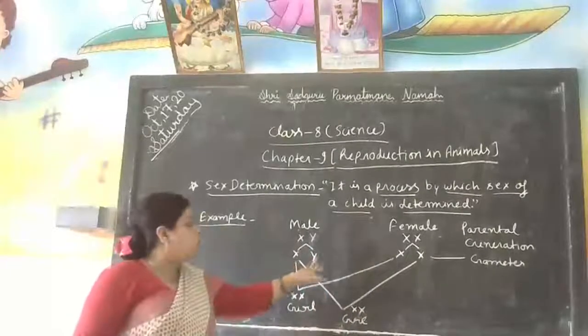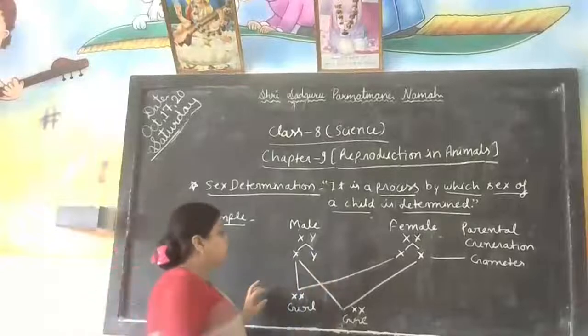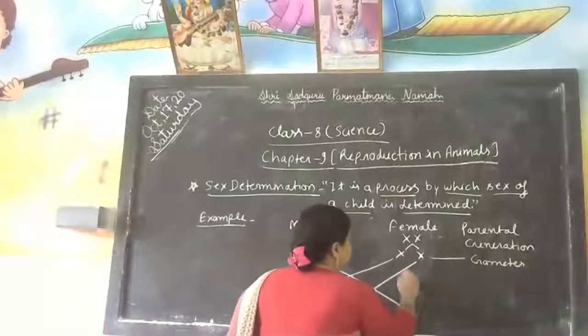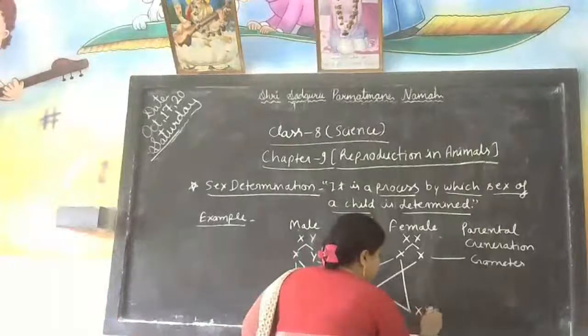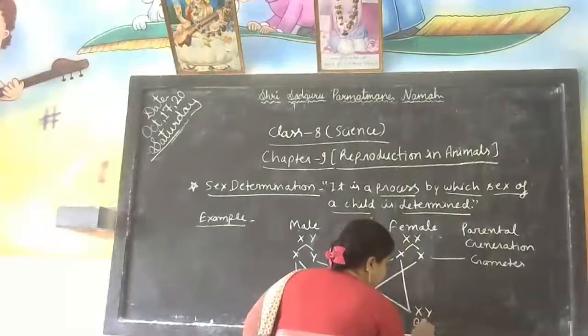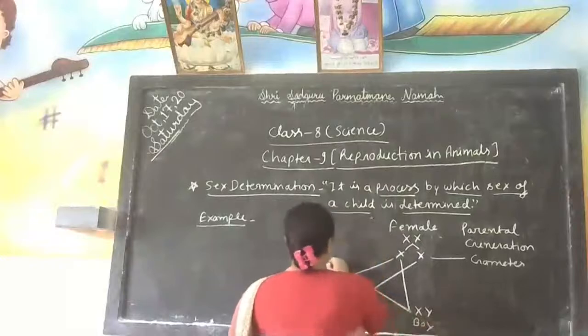Then the Y gamete of the male fuses with X, then the baby will be XY, boy.